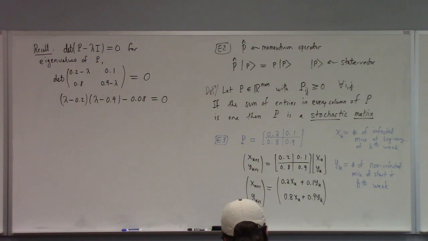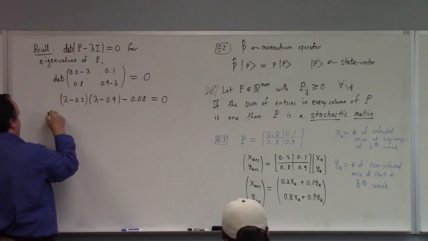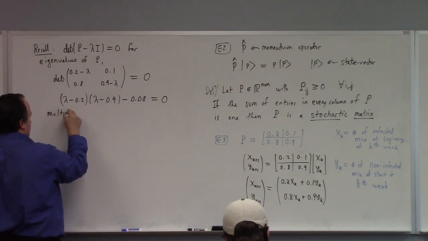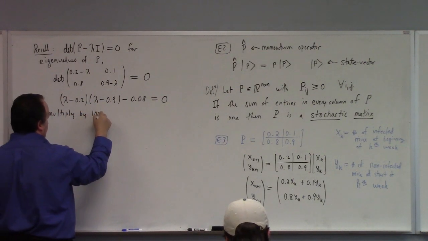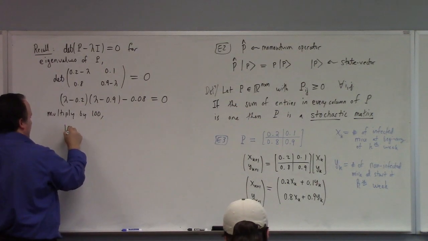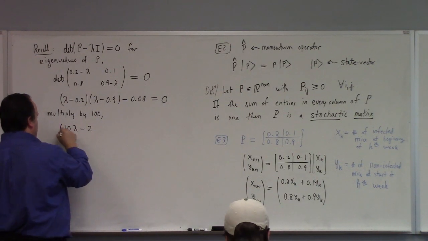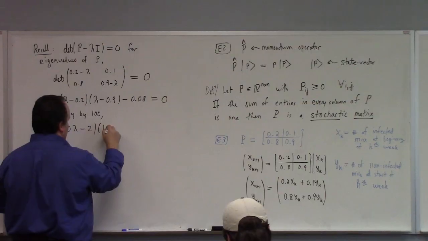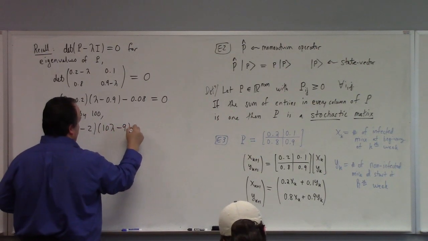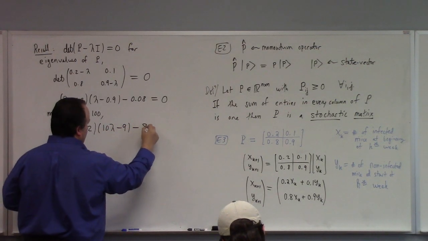All these decimals, I'm not enjoying them. Let's multiply this equation by 100. What happens? I get (10 lambda minus 2) times (10 lambda minus 9) minus 8 equals 0.